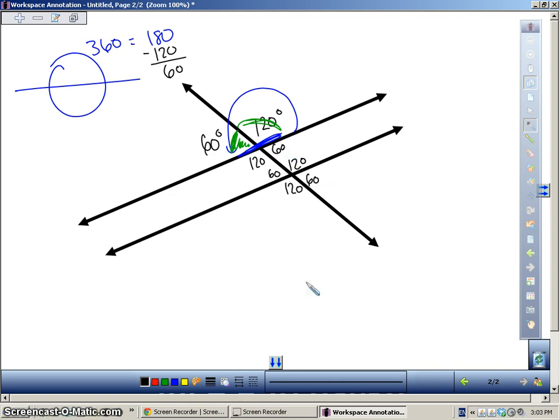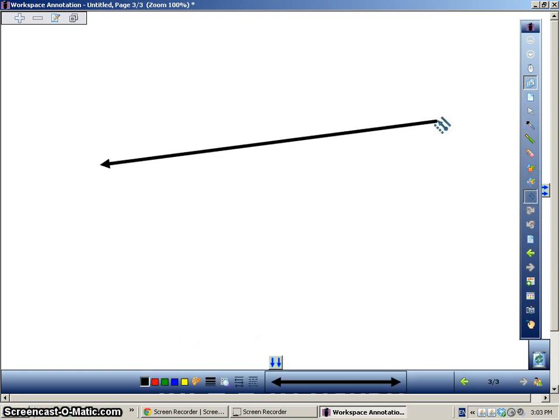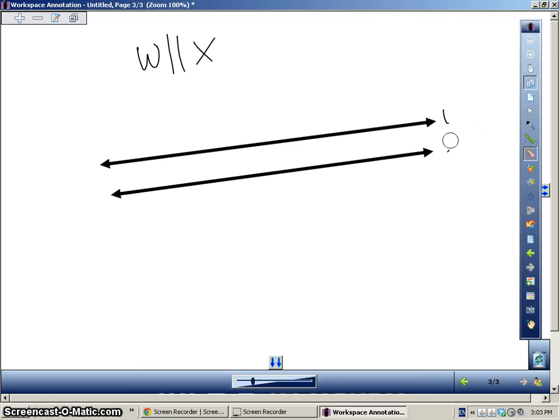So you'll have a question like that on your quiz. Now, the next thing we're going to cover is parallel and perpendicular lines. When we have two lines that are parallel, and let's say they're labeled W and X, I could say that W is parallel, that's the sign for parallel, to X. What if they didn't have the names of the lines, but just had points on them?